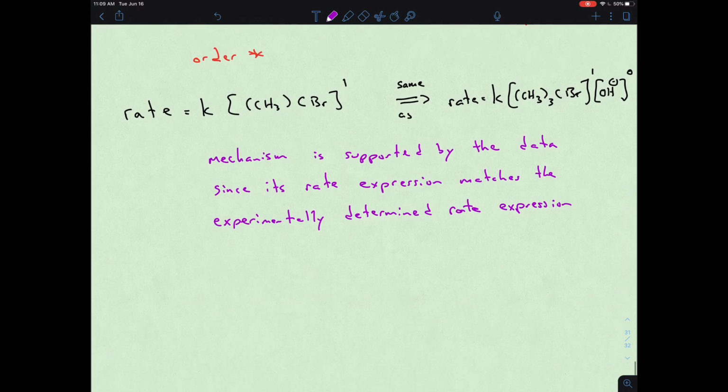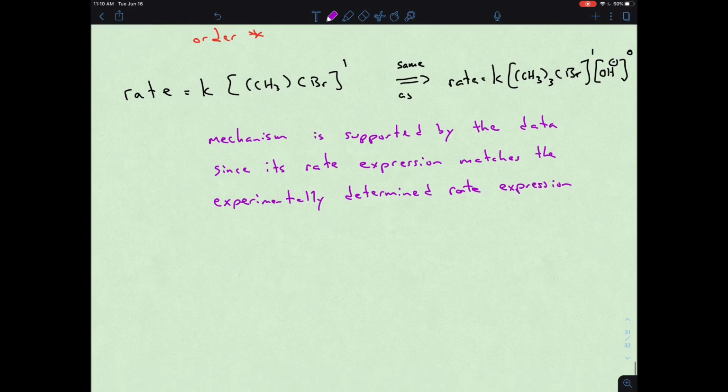Now a little bit more complicated with 2 steps, so we still base our rate expression from a mechanism on the slow step, the starting materials of that slow step, and then our stoichiometry is the reaction order.